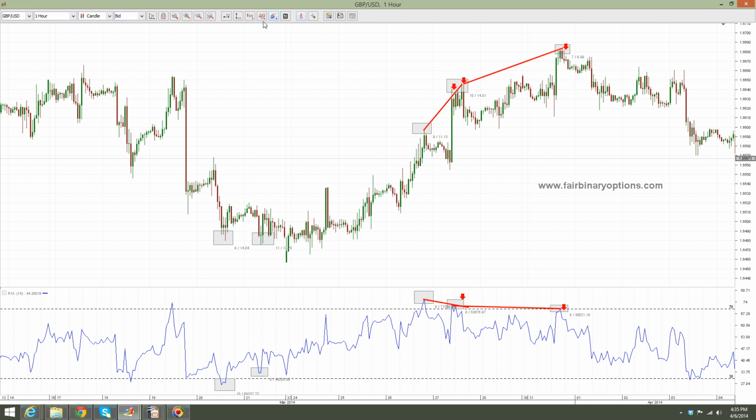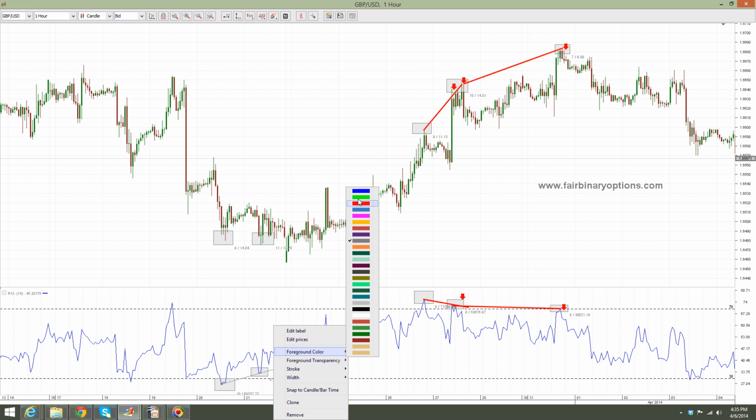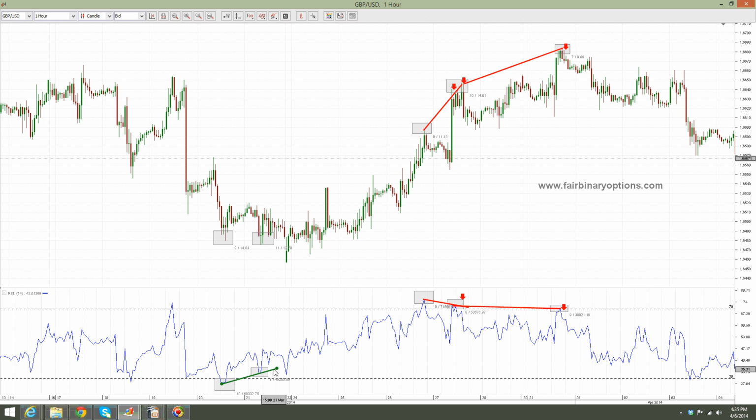Therefore, this is a bullish divergence, and because this is an oversold territory, we are supposed to go and buy call options, and therefore it should be green to signal the bullishness of the pattern. So this one is bullish, and therefore we should go and buy call options.